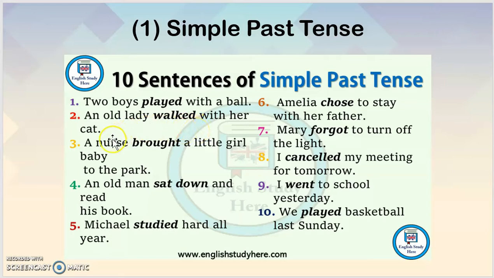The third one, a nurse brought a little girl baby to the park. The word brought comes from the root word bring. Okay? Bring is the root word and brought is the past tense of bring.